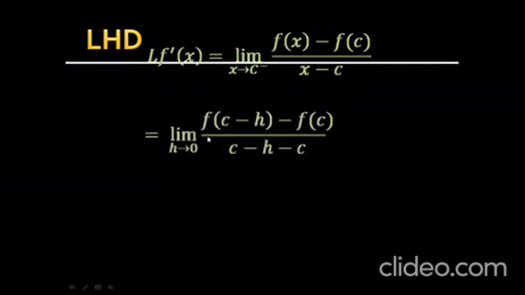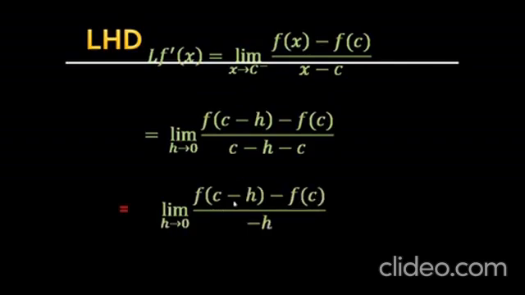Then we get limit h tends to 0 of (f(c minus h) minus f(c)) upon ((c minus h) minus c). Because the limit x tends to c minus means slightly less than the point c, we have to replace x by c minus h. After simplifying it, we get limit h tends to 0 of f(c minus h) minus f(c).